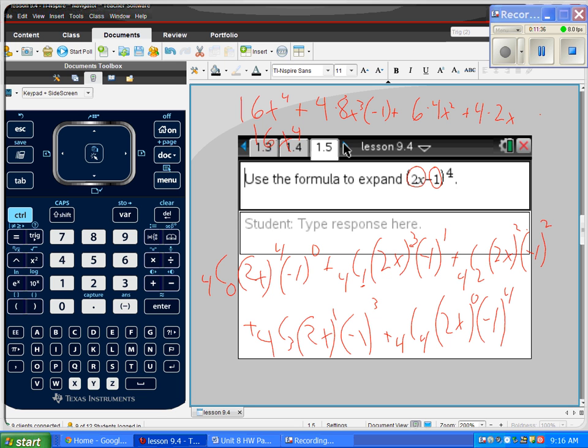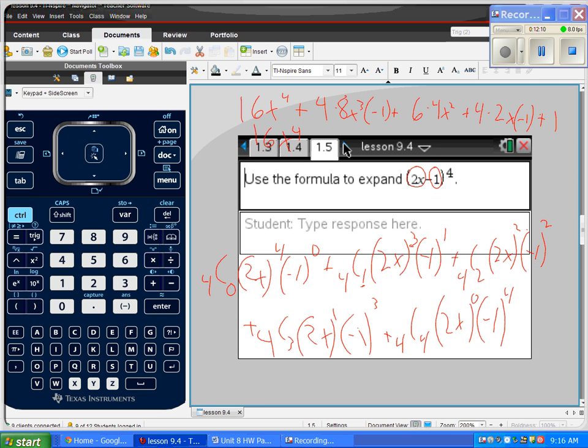This 4 came from 4c3. This is 2x to the first. I need negative 1 to the third, which is negative 1. Okay, and I skipped the last one. Sorry. What's 4c4? 1. I'm not going to write it. 2x to the 0? 1. Anything to the 0 power is always 1. What is negative 1 to the fourth? Positive 1.